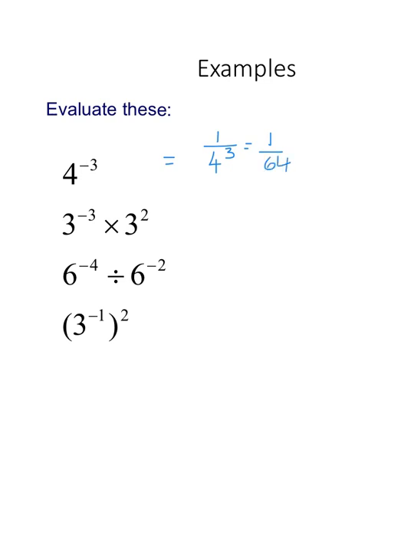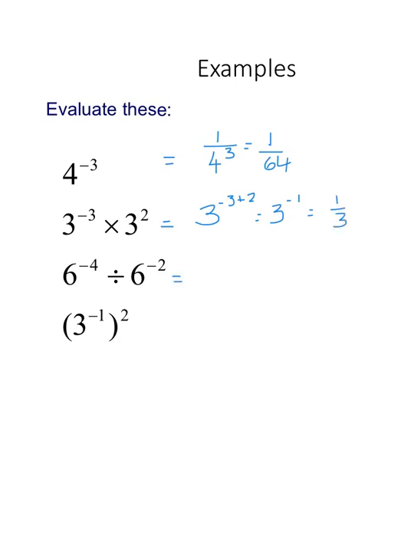In this question here, I would apply my rules for powers first. So I would say, well, that would be 3. I'm multiplying the same base, so I add the powers. Minus 3, add 2, would give me 3 to the minus 1, which would be 1/3.